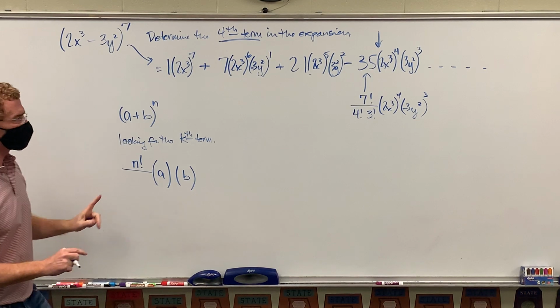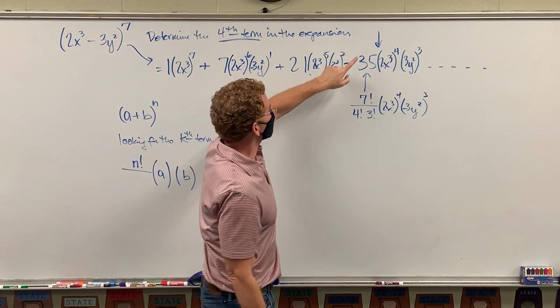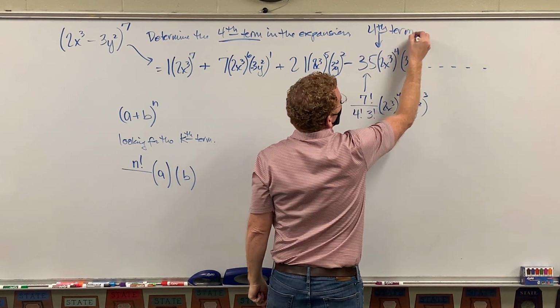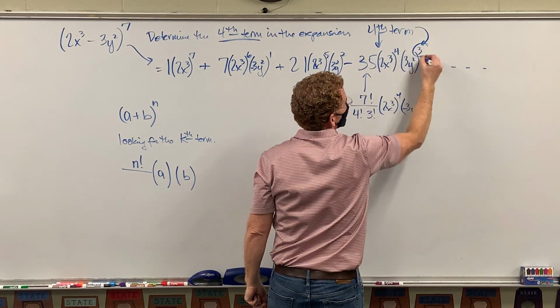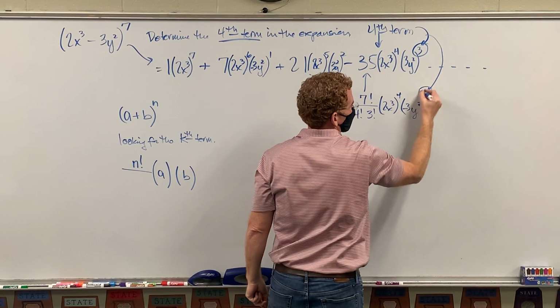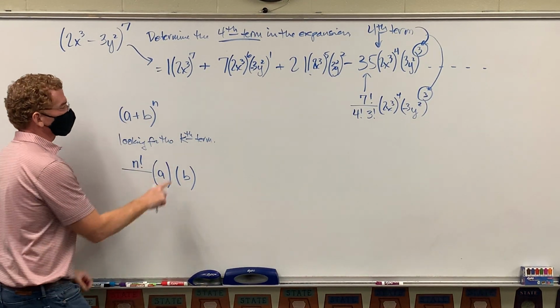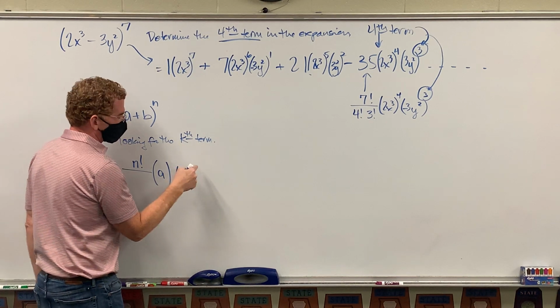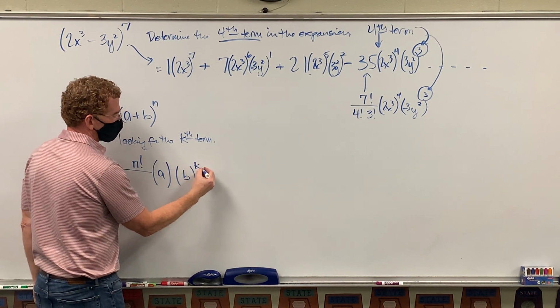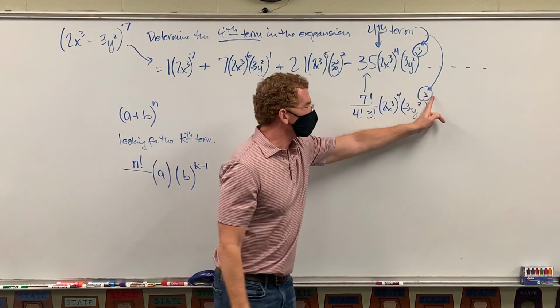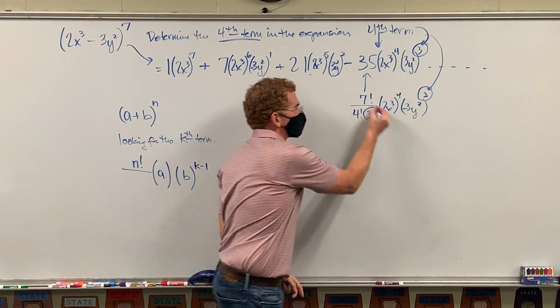And then what do you notice about this? If I'm looking for the 4th term, what is that in relationship to the 4th term? 1 less. So if I'm looking for the kth term, then this is k minus 1. And whatever went there also went there.